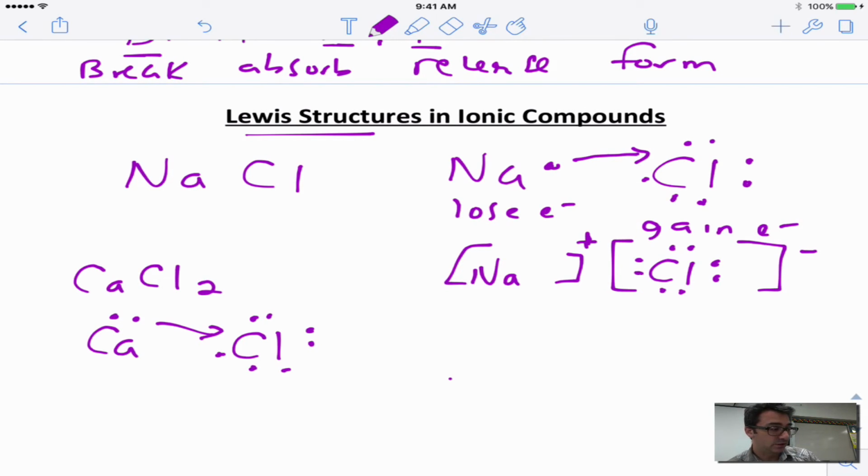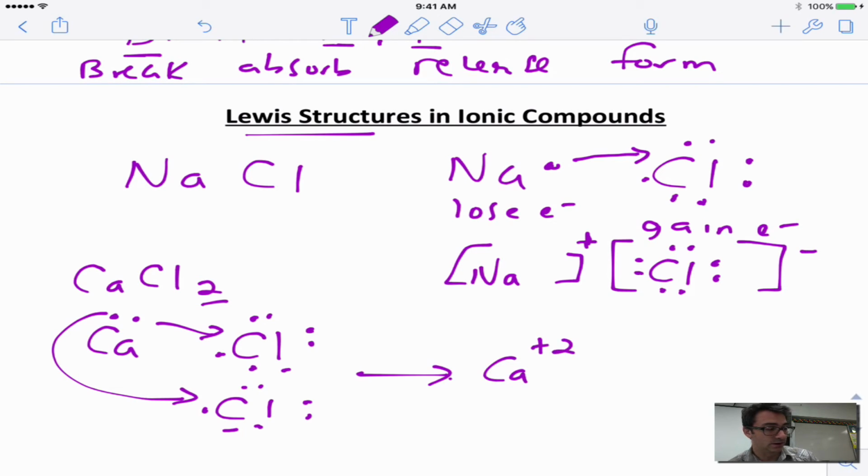But there's another chlorine needed, and that's where that 2 comes in. So another chlorine here will take this electron, and what we're left with is Ca being +2. It lost its 2 electrons. And then we have our 2 chlorides, and they're both minus because each one gained an electron.